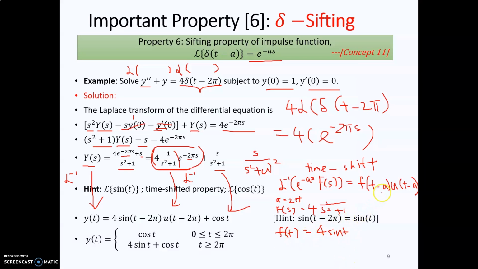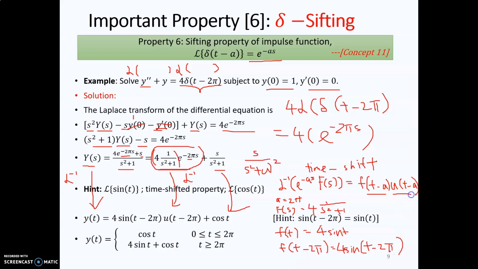So if you look at this function, you need the f(t minus a), where you know your a is 2 pi, therefore you need to find f(t minus 2 pi). So you substitute t equal to t minus 2 pi inside this formula, you obtain 4 sin(t minus 2 pi).